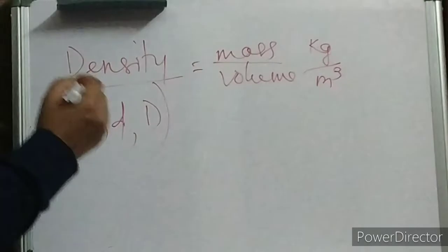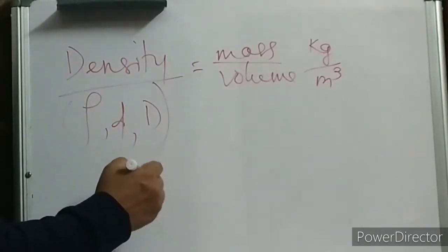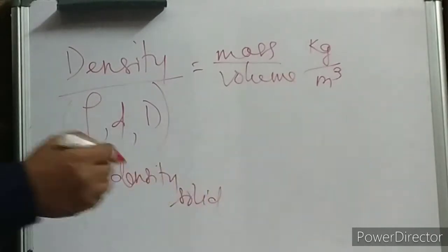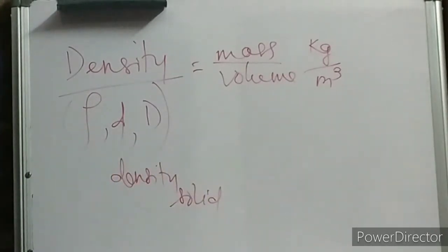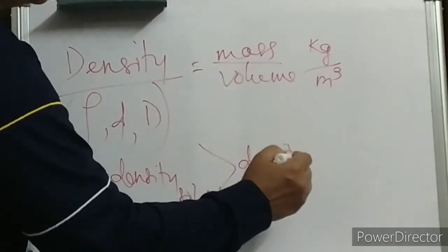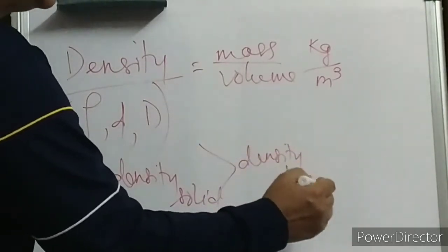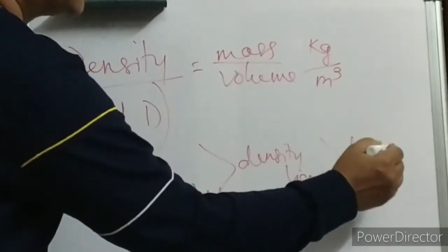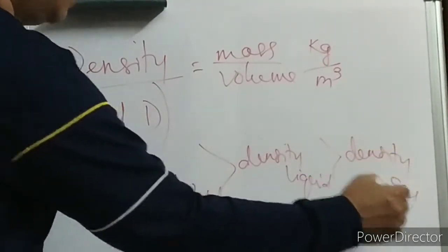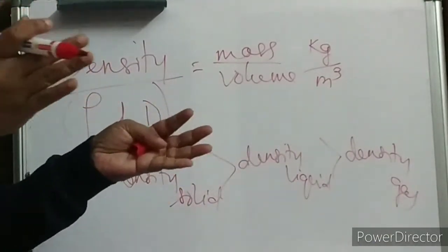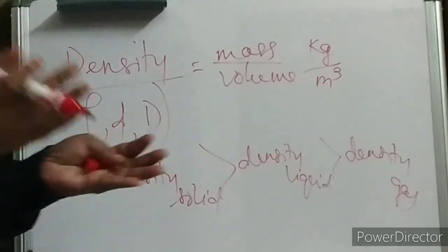The density of solid is greater than the liquid or smaller than the liquid? It has to be greater than liquid. And this is greater than the density of gas. Why? Solid is more compact, more atoms are there in a particular volume.